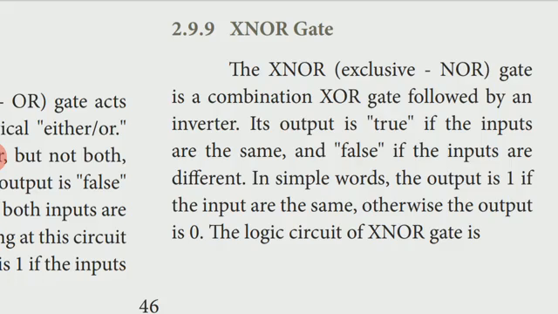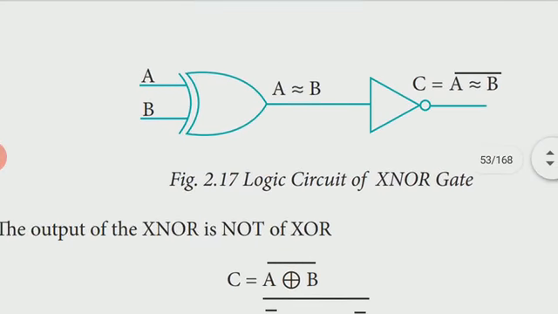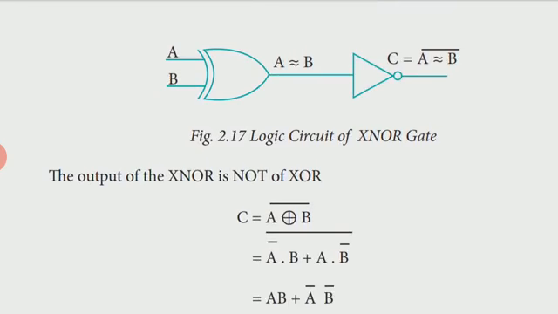So here, this is the logic circuit for the XNOR gate. Here they used the XOR gate because I told you XNOR is the opposite of XOR. So we can use the XOR gate here.